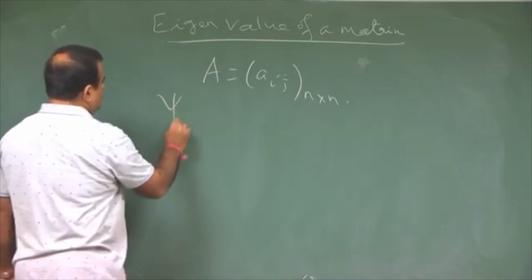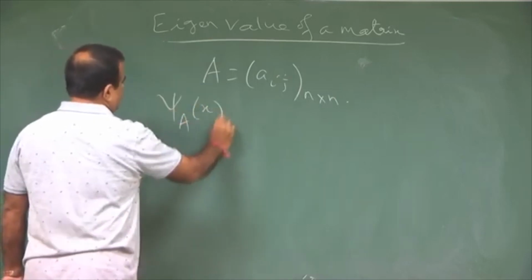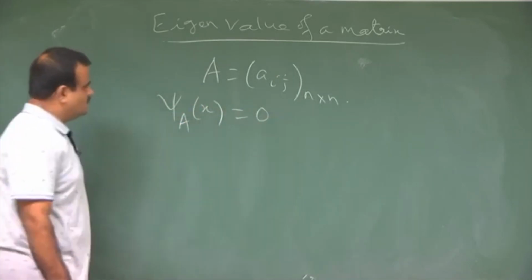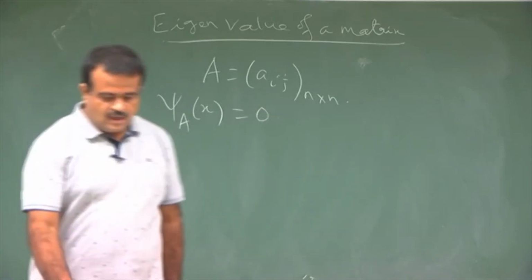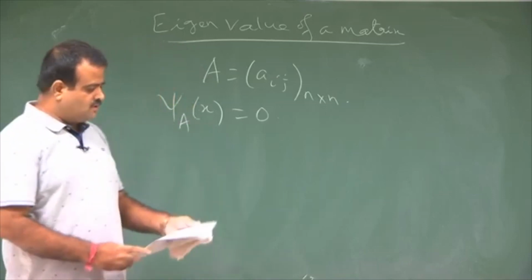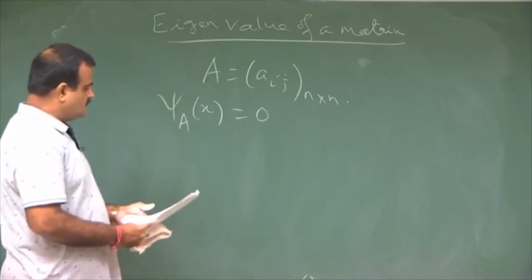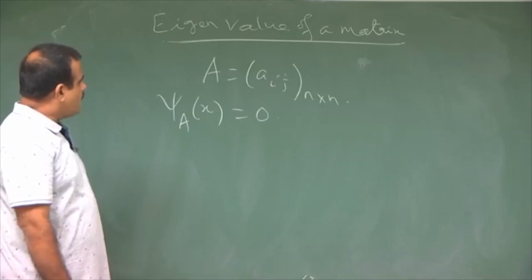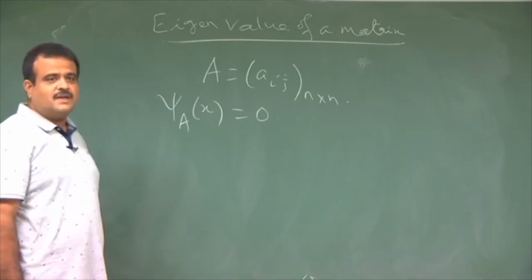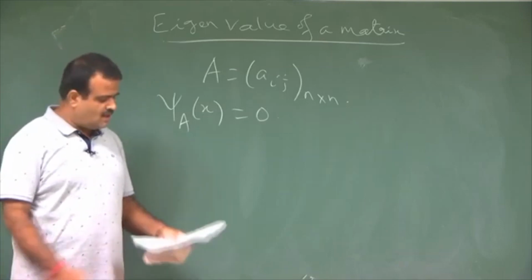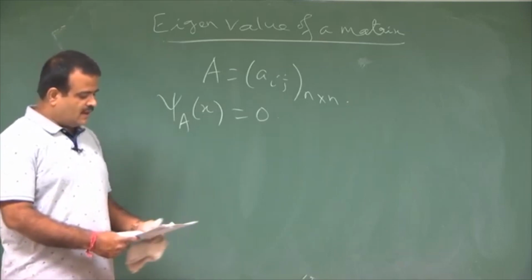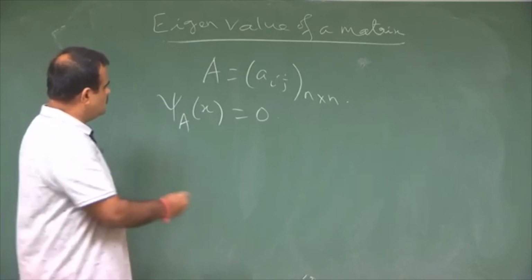Now we have the corresponding characteristic equation. This is an n degree polynomial equation. It is an n degree equation, so it has n values. Each of these values gives us the eigenvalues, the roots of this equation.